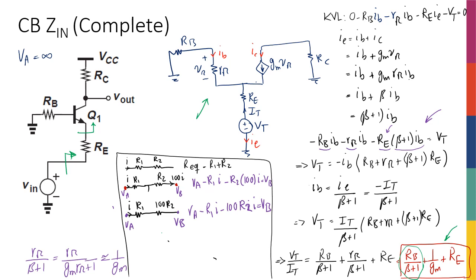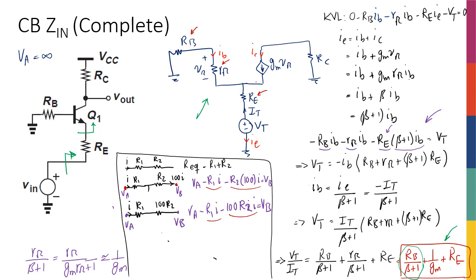VA is the same, R1I is the same, and here I had R2 times 100I, here I have 100 R2 times I. So from the perspective of the voltage across the resistor, because this RE, or whatever resistance I have in the emitter, has beta plus 1 times more current flowing through it than whatever is in the base, which means the RB and r-pi, if I want to consider them in series with each other, if I want to just add them up, I have to multiply RE by that beta plus 1.